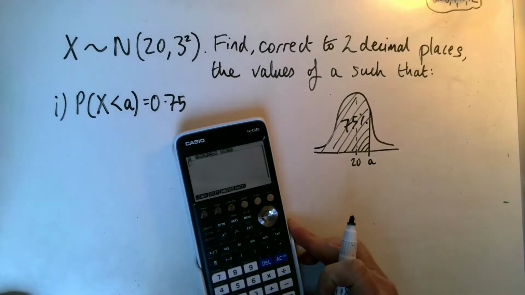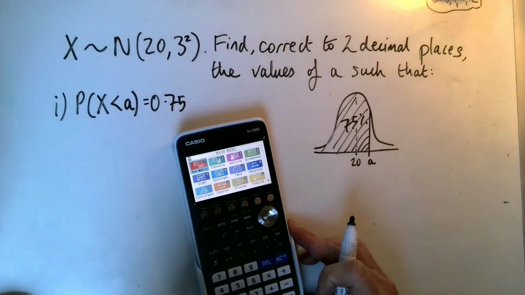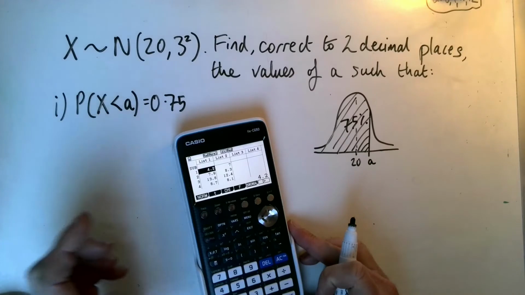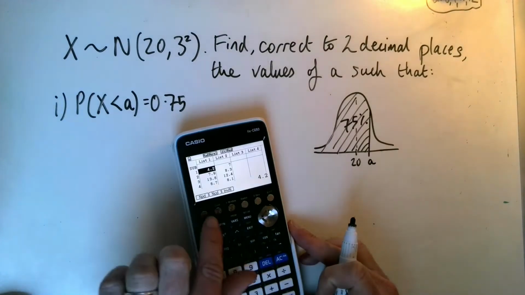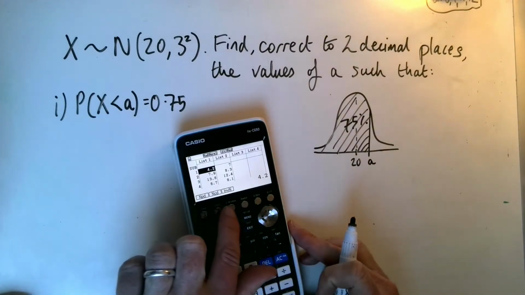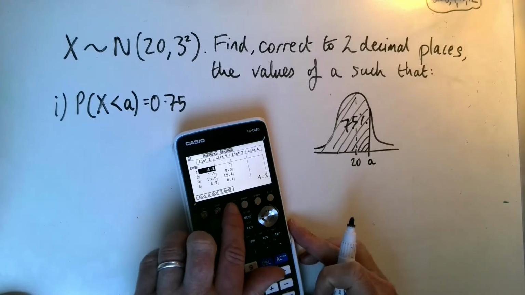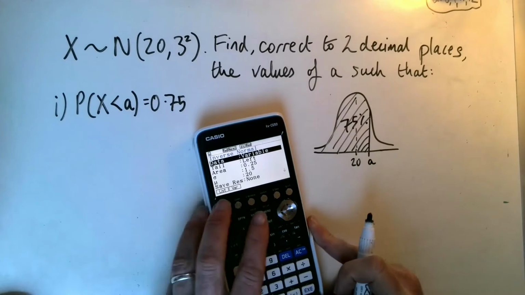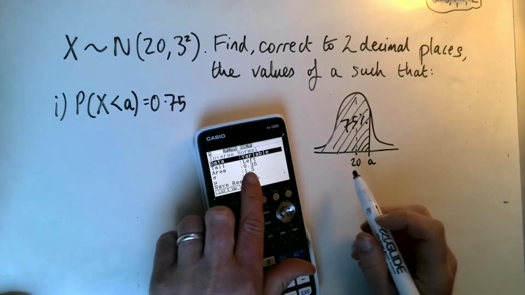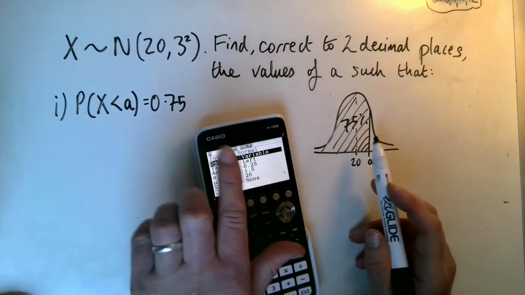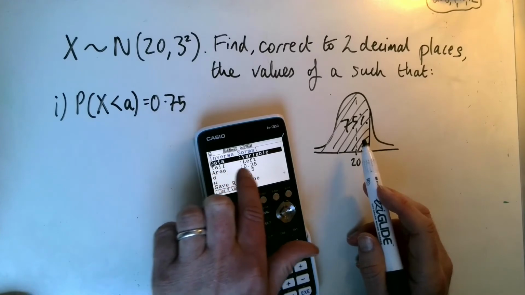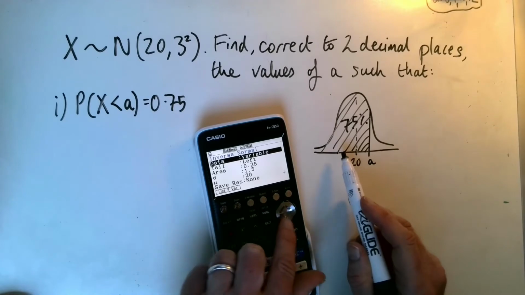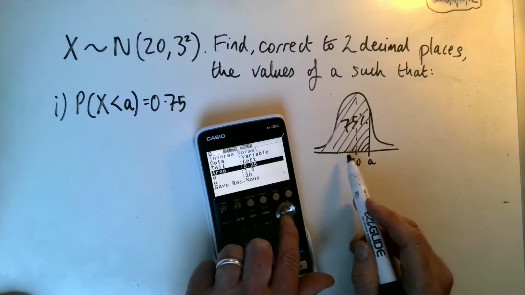So popping into the calculator, go menu statistics, it's distribution, isn't it? Normal. That's what we were using last time, but we're going for inverse today. And if you get in there, the first thing you might notice, variable, okay, down below at the tail to the left, it is left already. We've got the area.